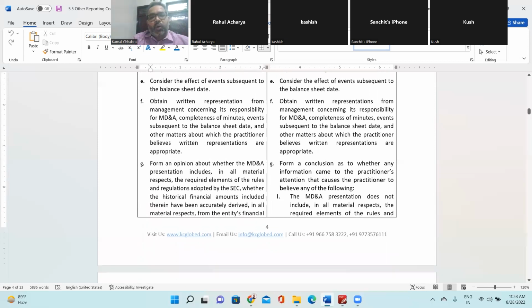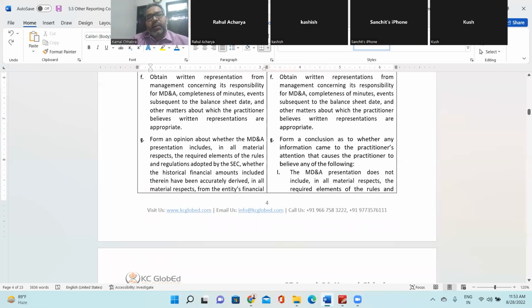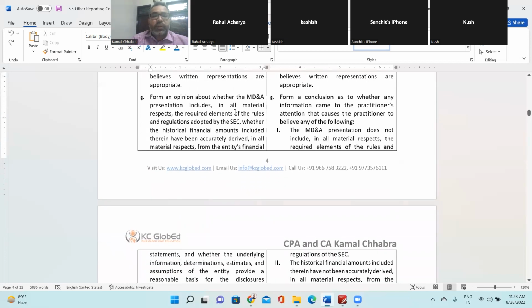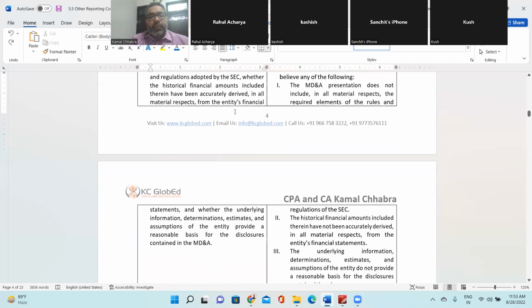Here also obtain a written representation and then form a conclusion as to whether any information came to the practitioner's attention that caused the practitioner to believe any of the following. First, the MDA presentation does not include, in all material respects, the required elements of the rules and regulations of the SEC.